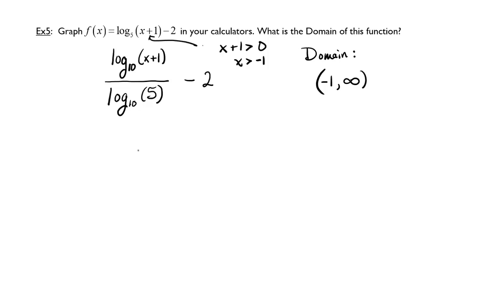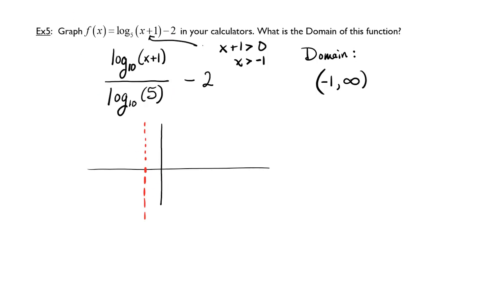Now, let's talk about how this is graphed. We know that our vertical asymptote exists at negative 1, and we know it's been shifted down 2.